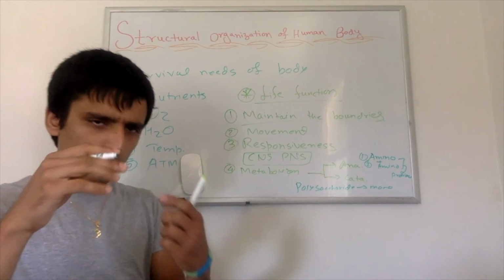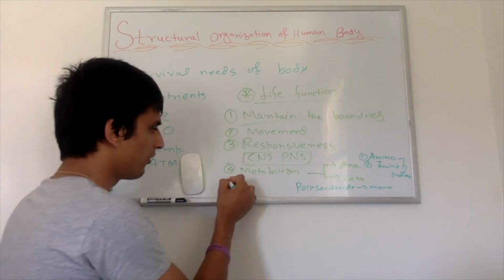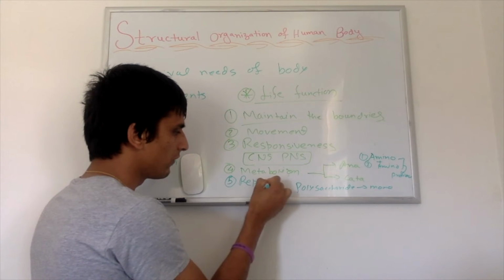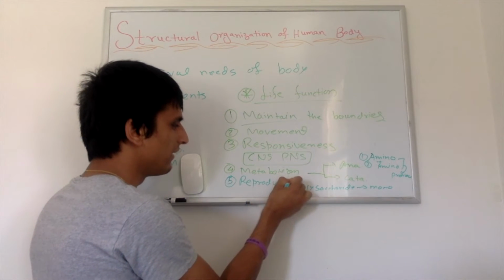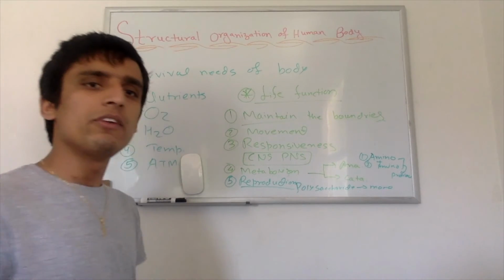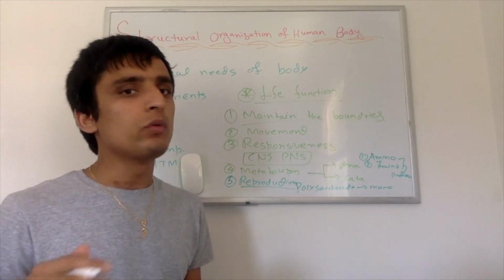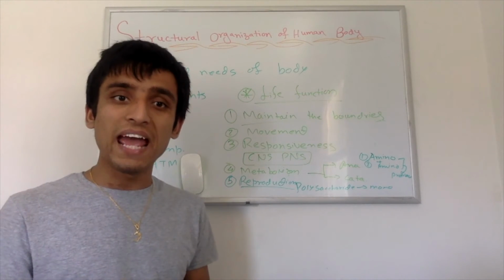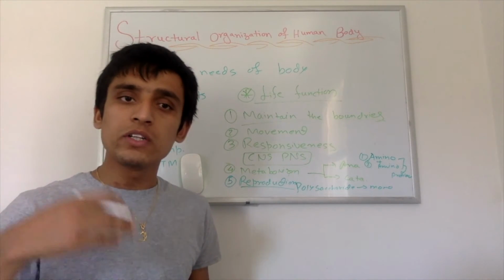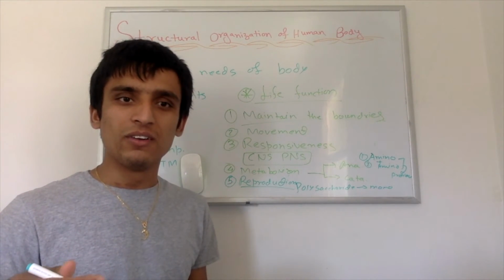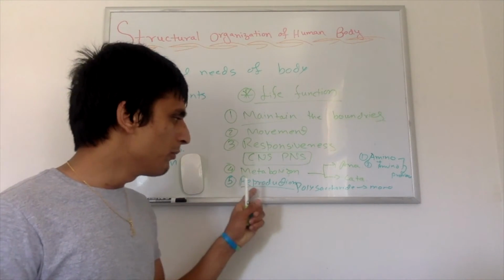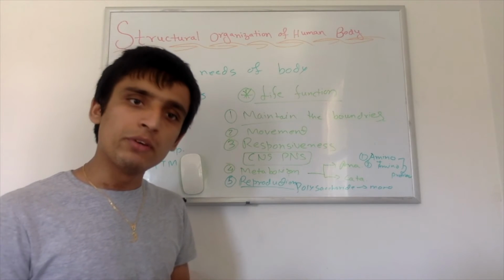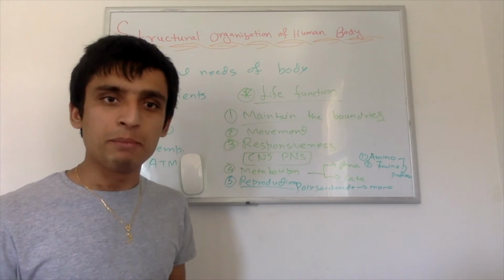And I want to tell you one more thing, which is fifth, reproduction. This is a life function. If there is no reproduction, there will not be any future generation. You need reproduction so you can continue your generation. If you don't reproduce, you are going to disappear ultimately.